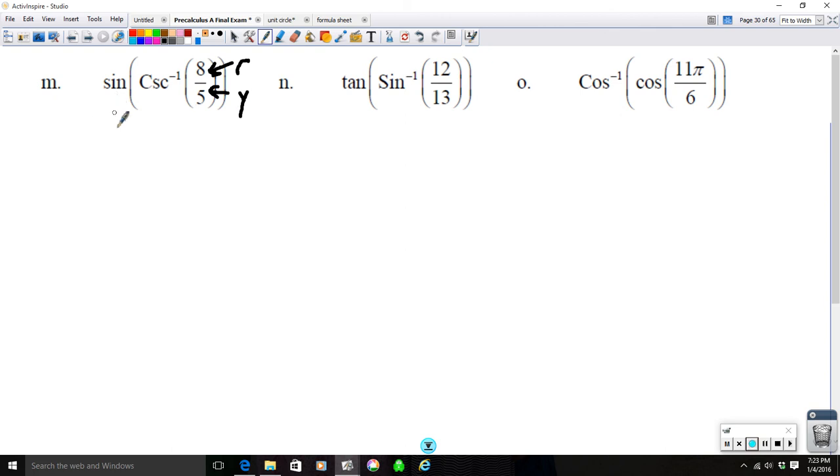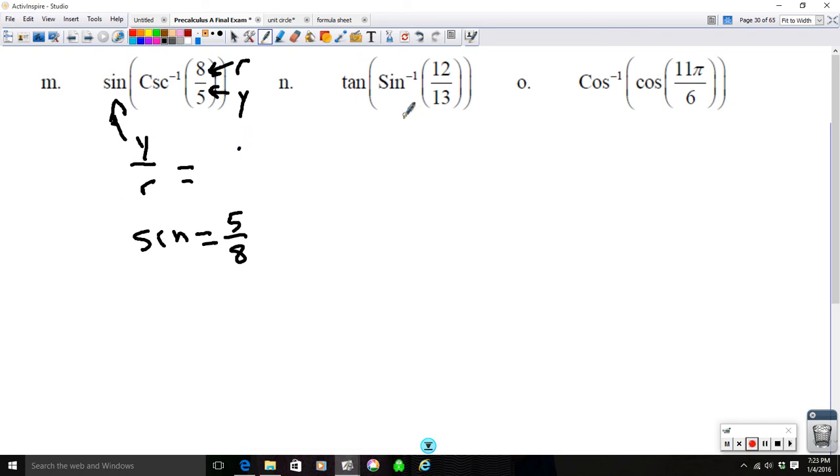And we're trying to find sine, and remember sine is y over r. So sine here is going to be equal to 5/8. So you didn't actually have to create the triangle here because they already gave the radius and they gave you y, and I just needed y over radius.